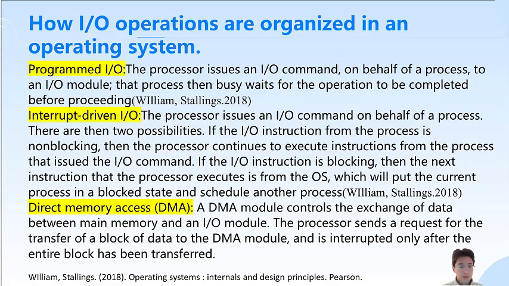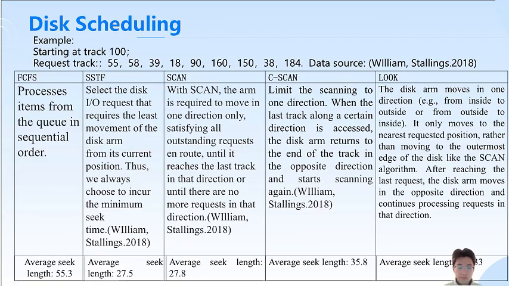There are then two possibilities. And about direct memory access, DMA is very important because the DMA module controls the exchange of data between main memory and the I/O module. The processor sends a request for the transfer of a block of data to the DMA module and is interrupted only after the entire block has been transferred.